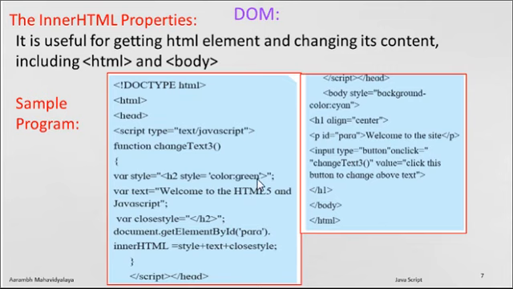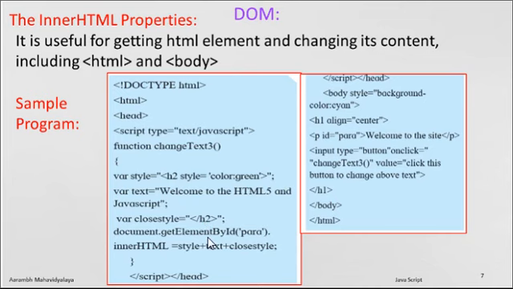This is one element. Then second one, var text equal to welcome to the HTML5 and JavaScript. It is our second element. And third one, var closeStyle as end of h2. Okay, that means here h2 color green is specified, here the text is specified, and here we have ended the h2.